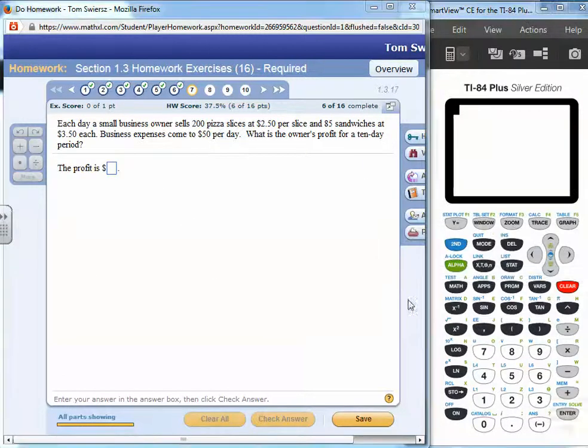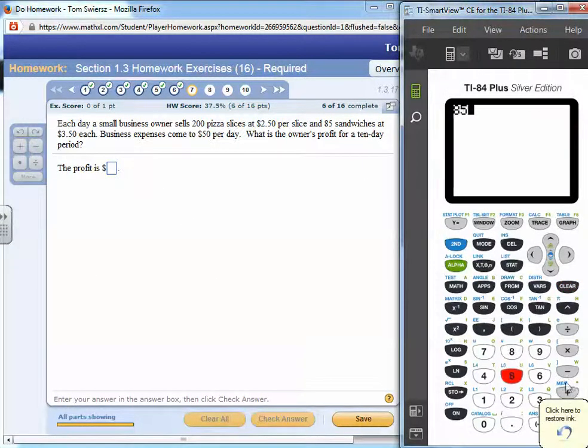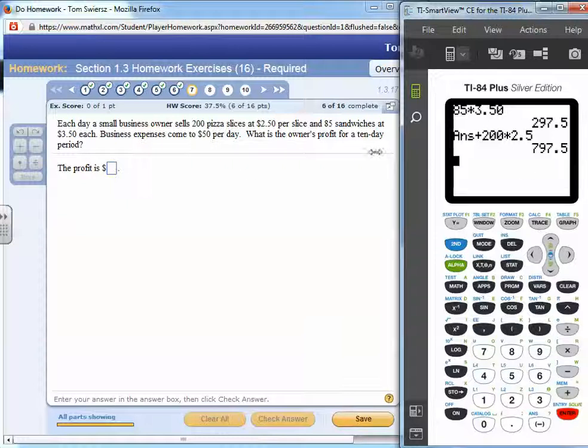So we got 85 times 3.50, that's $297.50, and then we're going to add the 200 pieces of pizza times $2.50 per slice. So the total is $797.50. The business expenses come to $50. So that's what they make in each day. You have to subtract 50, that's their expenses. So their profit for 1 day is $747.50, right?